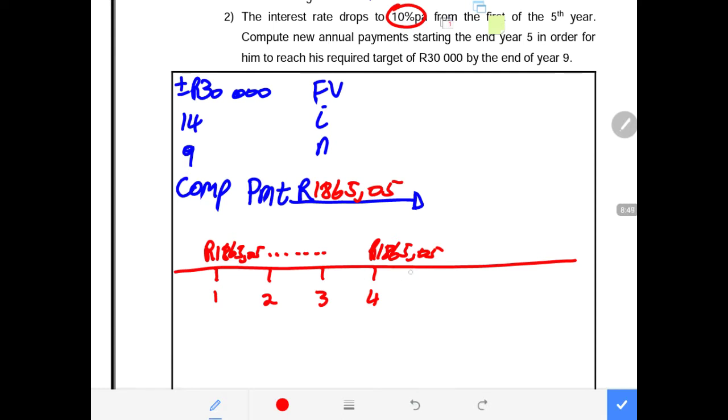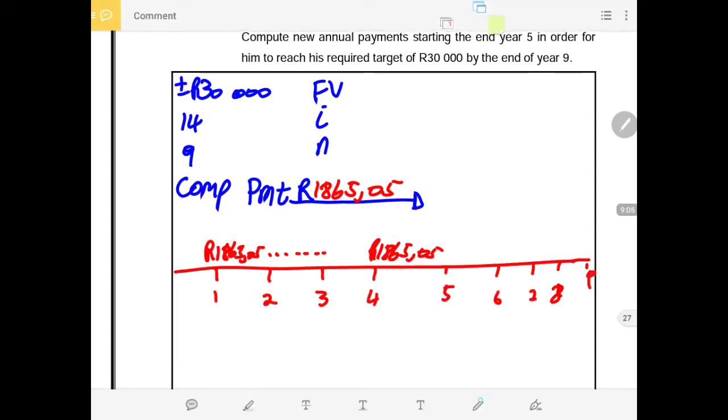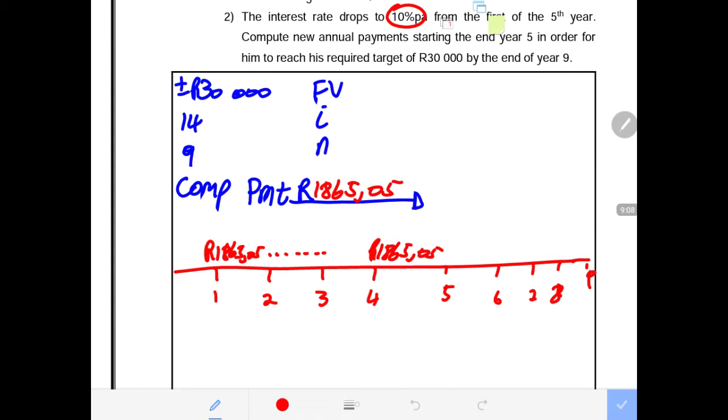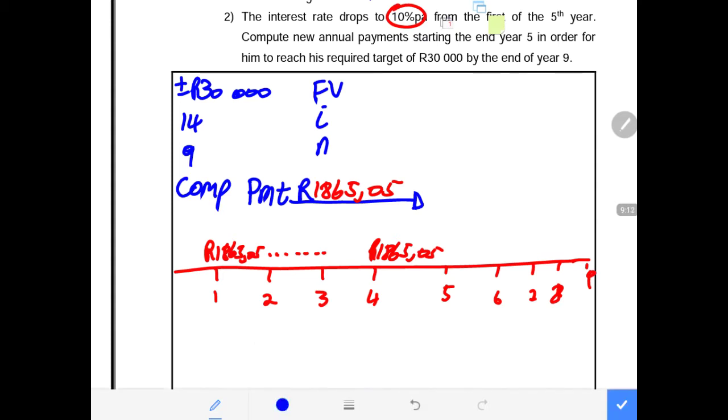So the minute now there is a change in the interest rate, this will be 5, 6, 7, 8, somewhere there will be 9. Now the minute there is a change, remember this change does not take place necessarily at the beginning of year 4. It's the beginning of year 5, end of year 4.